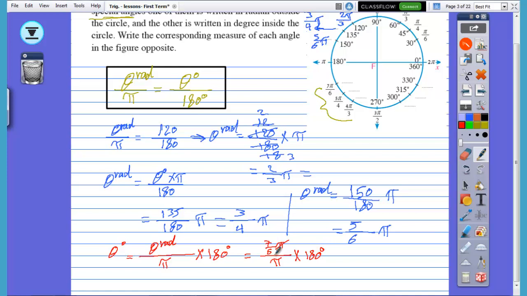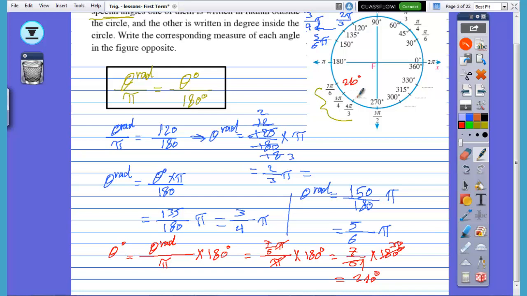Pi divided by pi equals 1, so it equals 7 over 6 multiplied by 180. Dividing up and down by 6, 6 divided by 6 equals 1 and 180 divided by 6 equals 30. So it is equal to 210 degrees.